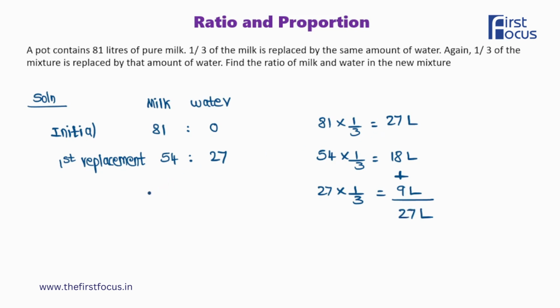So we have to deduct 18 liter from the milk, that is 36, and we have to deduct 9 liter from the water, that is 18, and then we have to add 27 liter of water to it. So in the water part we have to add 27. So the final mixture will become 36:45. On simplifying we get 4:5. So the final ratio of milk and water in the new mixture is 4:5.